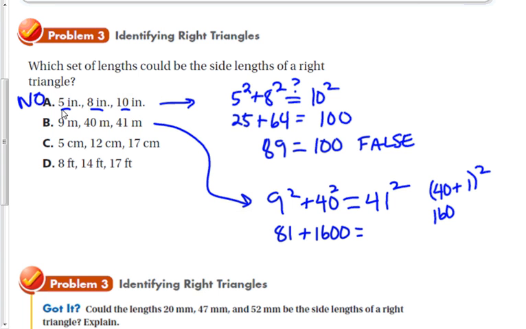That's 1600 plus 40 times 1 times 2, which is 80, so 1680, plus 1 squared, which is 1681. And 81 plus 1600 is 1681, so that's true. So we're going to say yes on that one. I'm going to let you try the next two, and you can check back with your answer.